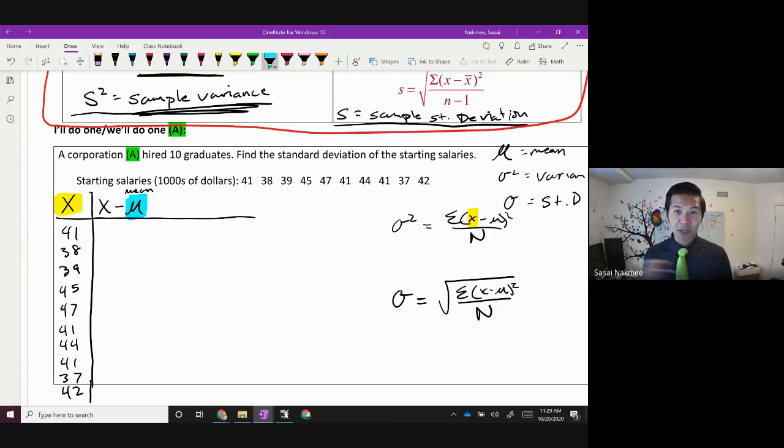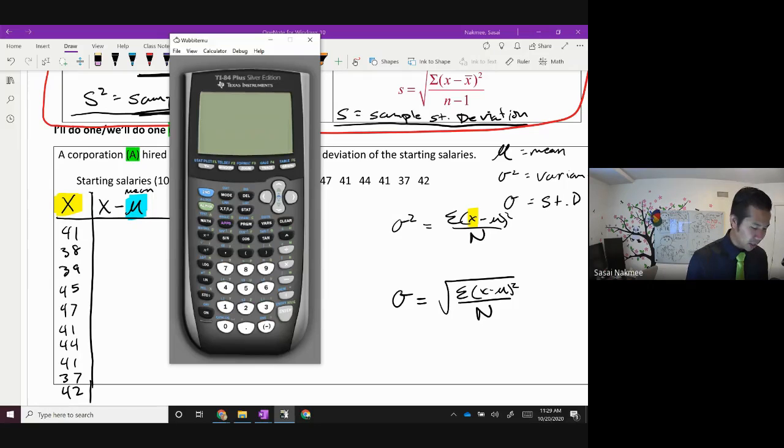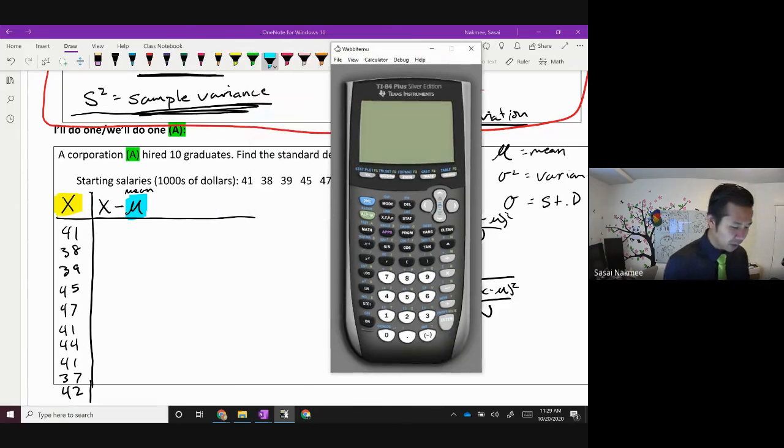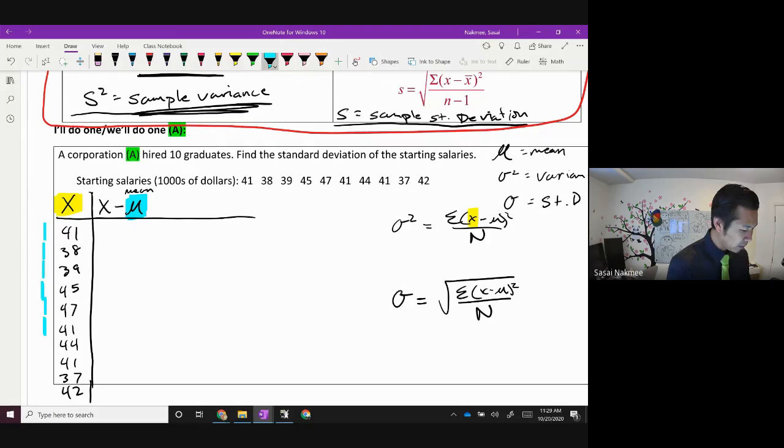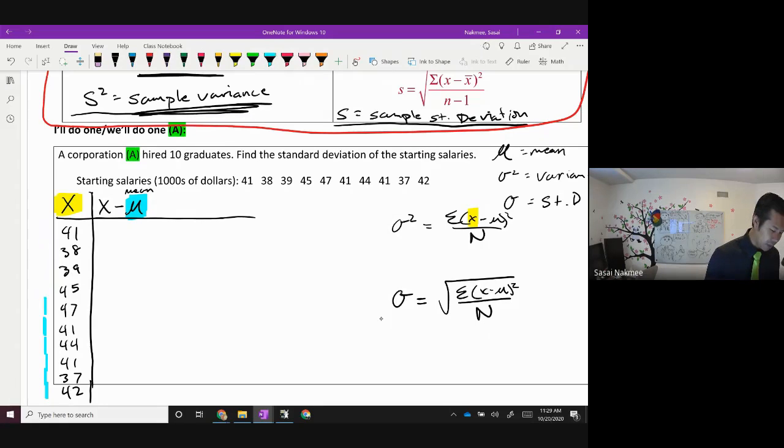Well, luckily for us, we did a whole chapter on how to calculate the mean, right? And the mean is just all these x values added together divided by how many there are. So there are 1, 2, 3, 4, 5, 6, 7, 8, 9, 10. I have 10 numbers here, and I'm just going to divide by 10.